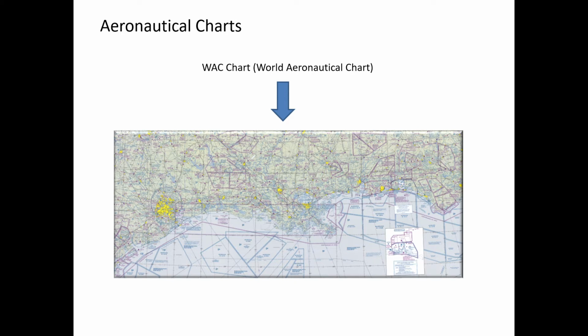So as you can see on the screen here, this is a WAC chart, World Aeronautical Chart, encompassing Southeast Texas, Houston area, Louisiana, and New Orleans area, as well as some of the southern parts of Mississippi. So these charts, there's only a handful of them for the United States, but they do cover the entire United States. And for folks that are doing maybe higher altitude or longer trips, this would make more sense for your pilot bag.